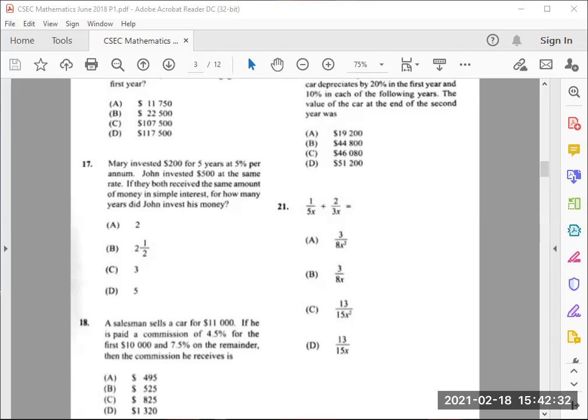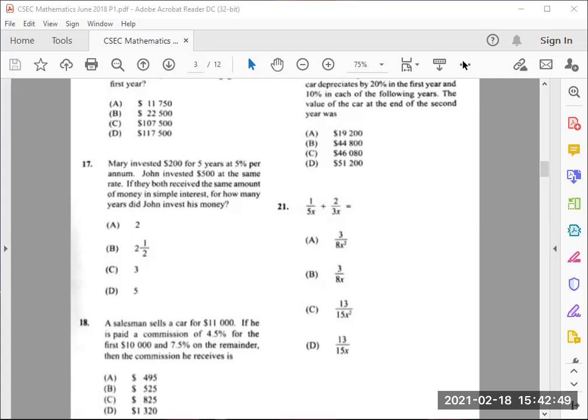What you say is 200 times 5 times 5 over 100 is equal to 500 times x times 5 over 100.